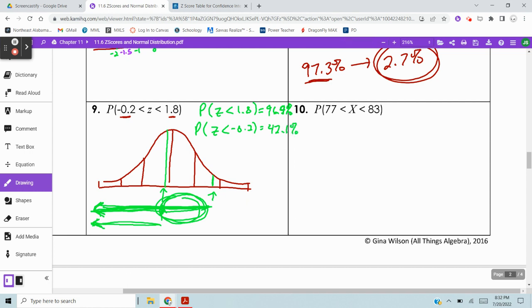So that tells us that 96.4% is below 1.8. 42.1% is below negative 0.2. So how much is between the two values would simply be the difference between those two, which would be a total of about 54.3% of our values between negative 0.2 and 1.8 on our z-scores.